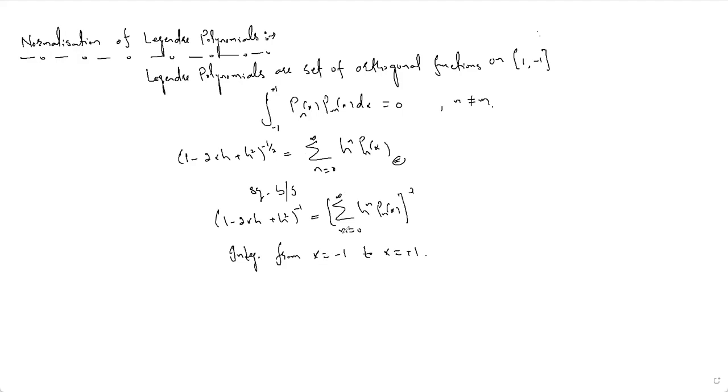There will be some terms, which we call cross terms, that will vanish because of the orthogonality condition, Pn of x into Pm of x.